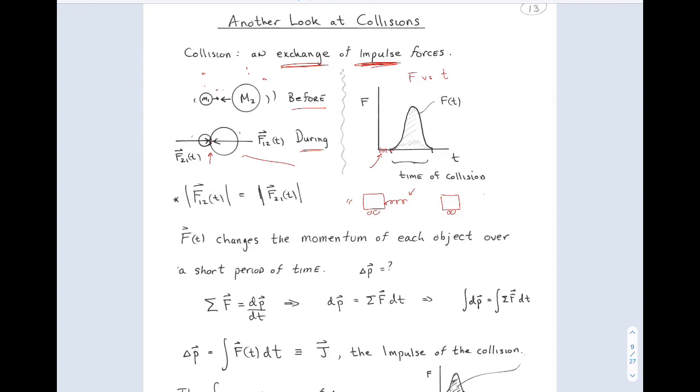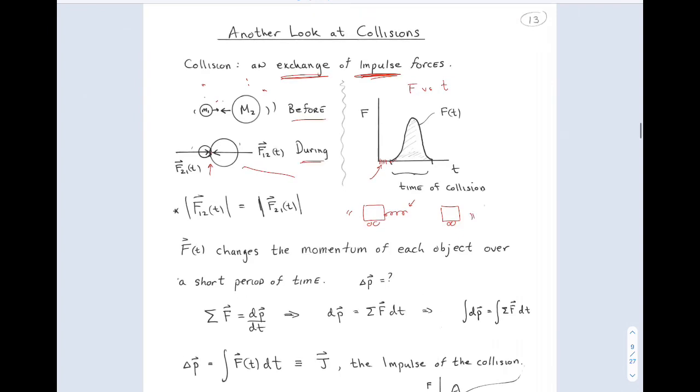So you can think of these two objects as two cars coming at each other. They haven't touched yet, so that'd be over here. And then right when they start to touch, the closer they get, the bigger the spring force is. And then they get as close as they're going to get. That's where the maximum collision force would be.